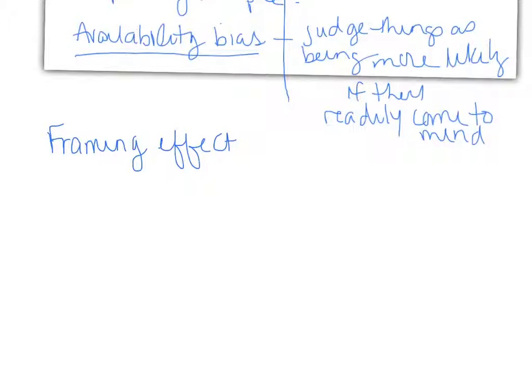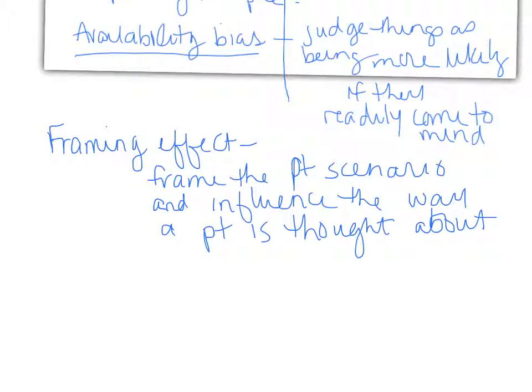The framing effect is another type of bias, and this is when you frame the patient's scenario and influence the way the patient is thought about. So in other words, what you're doing is reacting to a particular choice depending on whether it's presented as a loss or a gain, good or bad, etc. With the PE example, you might say there's perhaps a 70% chance of PE.